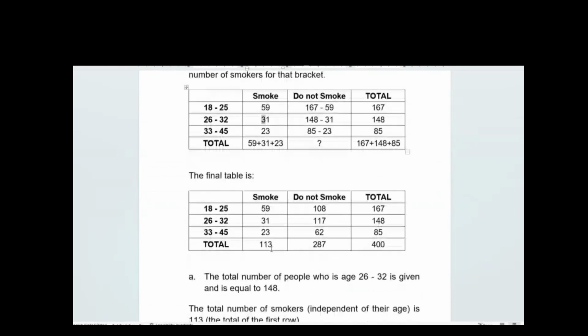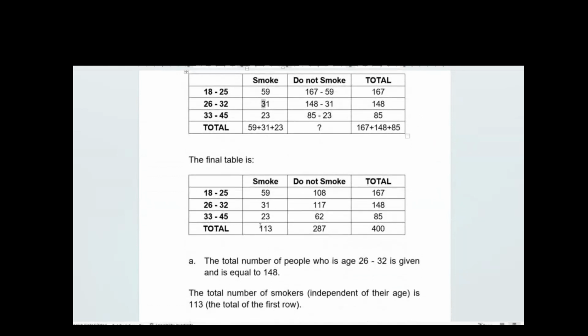But you also include the 31 people when you say that there are 113 smokers. So you included the 31 here, and you later include it again when you say that they smoke. So that's why you need to subtract these people once, otherwise you will count them twice.